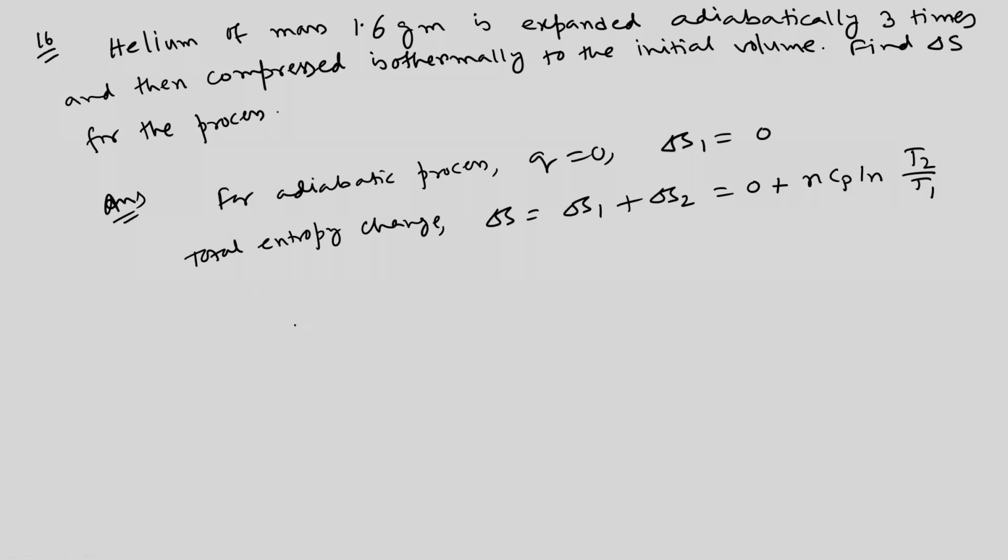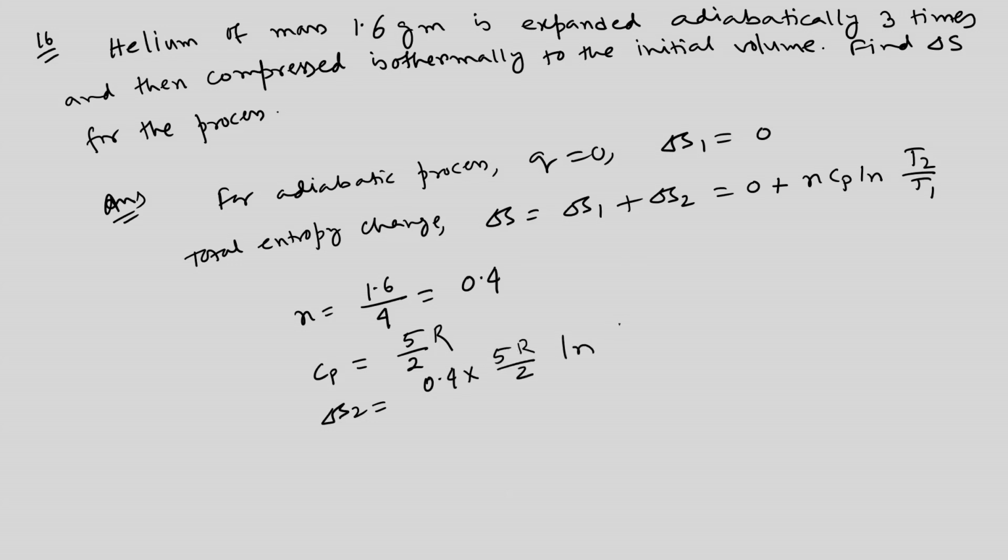And what is n? N is 1.6 gram by 4, so this is 0.4, right? It's because we are considering helium here, and helium is monoatomic, so Cp is 5R by 2. Then delta S2 is 0.4 times 5R by 2 ln T2 by T1.